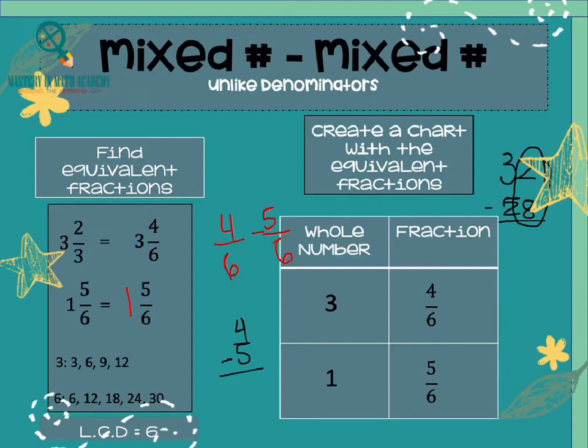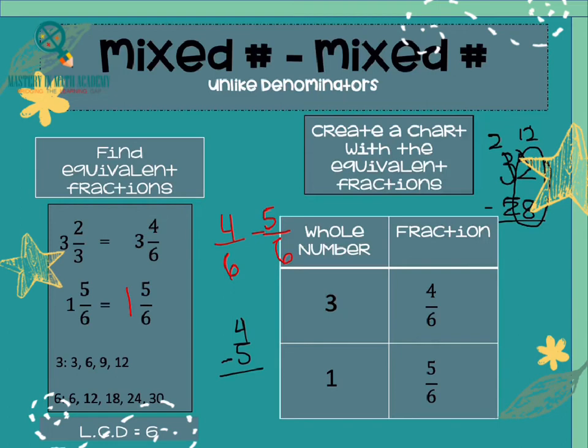But what we can do is go next door. We can borrow a 10, take away 1 from the 3, you're left with 2, and bring that 10 over to the 2. And now we can add those together. 10 plus 2 is equal to 12. That's the same concept that we have with subtraction with regrouping. Even though we have fractions, it's the same concept.